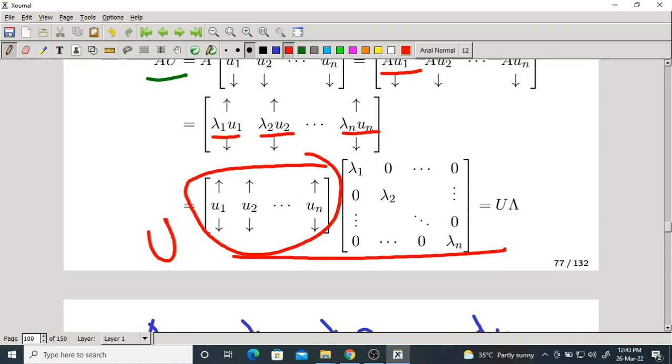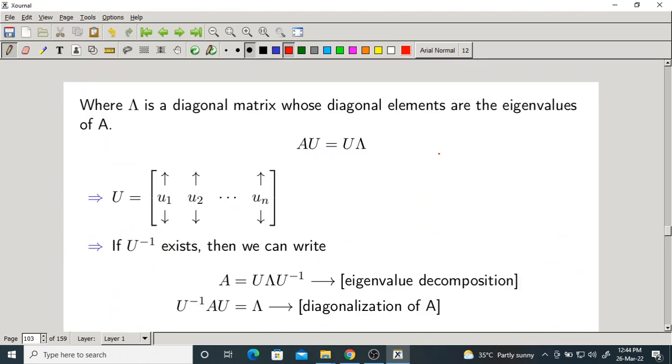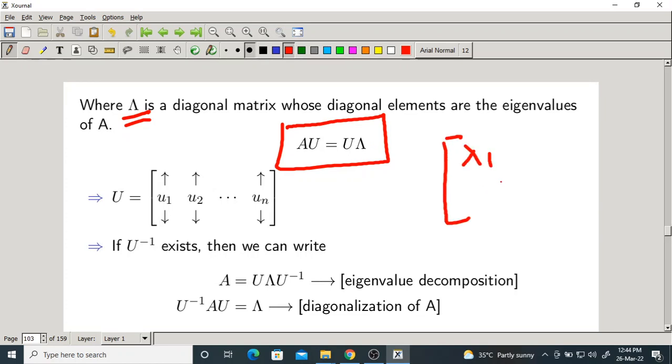Matrix U whose columns are eigenvectors, and this is capital lambda. It is a diagonal matrix whose elements are eigenvalues of the matrix. So AU equal to U lambda. What is this lambda? It is a diagonal matrix with the diagonal elements as what? Eigenvectors, sorry, eigenvalues, I'm sorry.